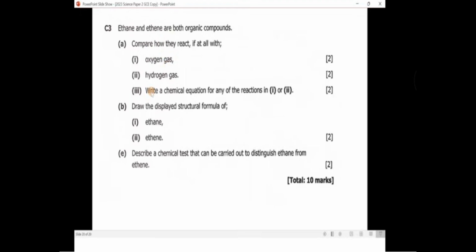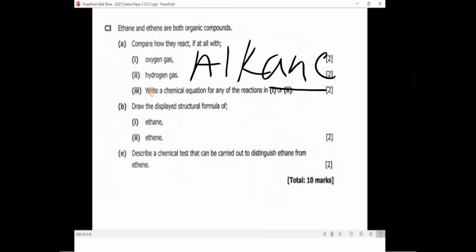This is how they both react. Just a recap: ethane comes from the homologous group of the alkanes. How am I able to tell? From the suffix it ends with, which is ane.